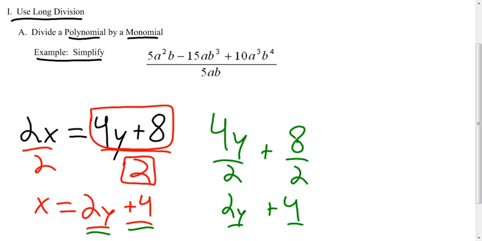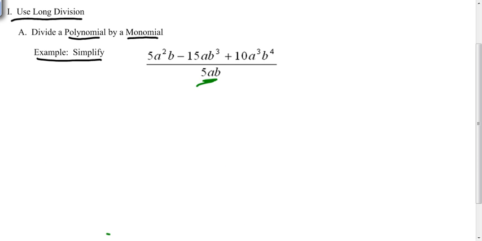So anytime that you have a larger dividend, and your divisor is just one term, as it is here, you can break it down into all the different parts of the dividend, each being over the divisor.